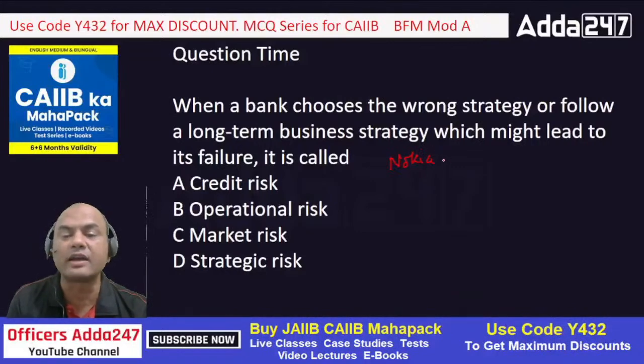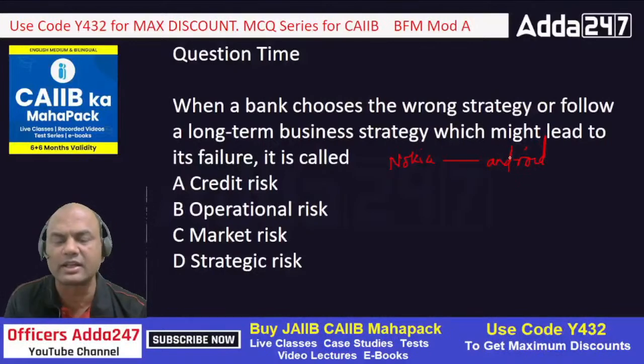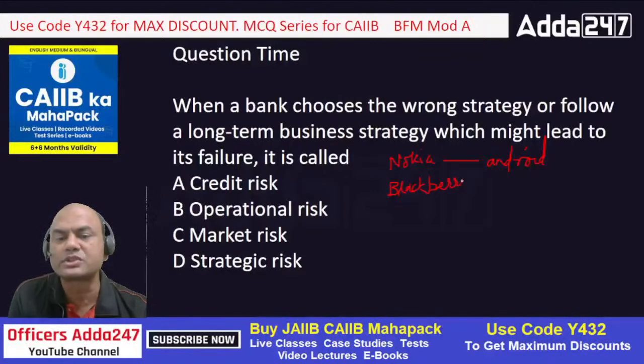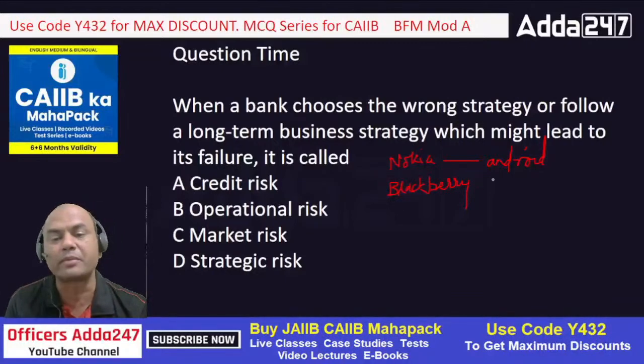Because it didn't check the Android system which was coming in. Android as well as Apple. But Nokia didn't go for the Android phone, and there they made the mistake. There was one mobile known as BlackBerry. BlackBerry was one of the most sought-after mobiles in 2005 to 2008. But what has happened? Where is BlackBerry now?